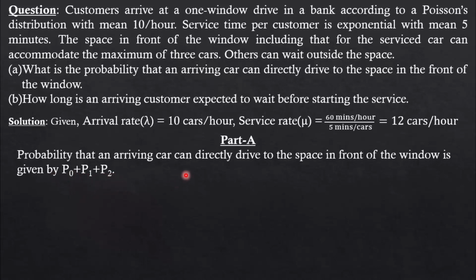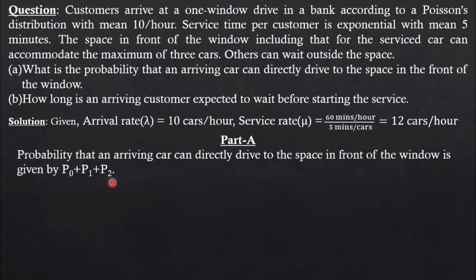The arriving car can come and directly capture the space in front of the window when there are 0 customers in the system, or 1 customer, or 2 customers in the system. Because if the customers are 0, 1 and 2, there will still be an empty space outside the window for the car.